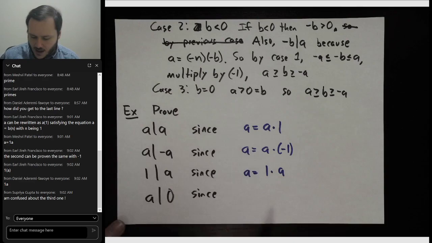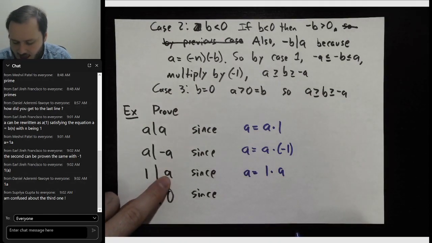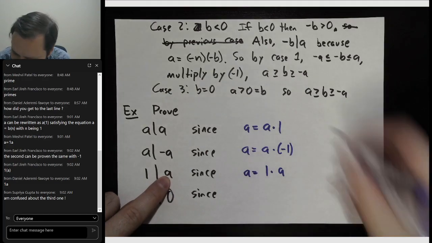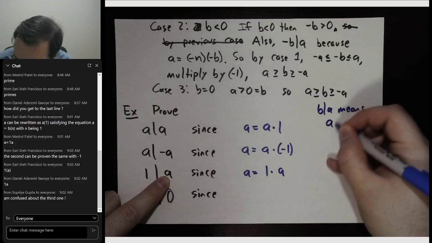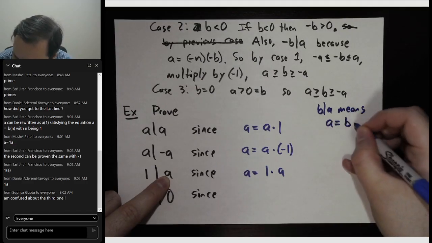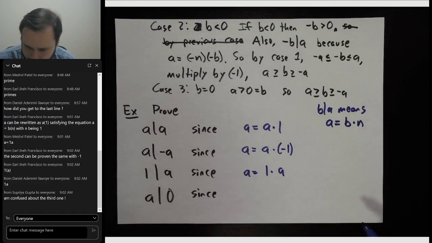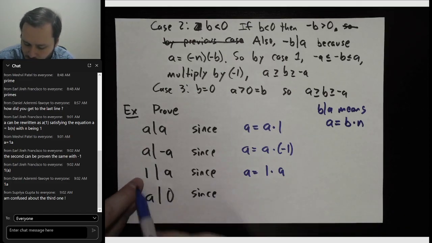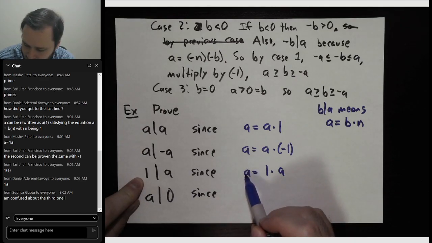Confused about the third one. Okay, so remember, b divides a if we can write the equation a is equal to b times n, and we can put an integer here. So on this third one, 1 divides a means a goes here, right?